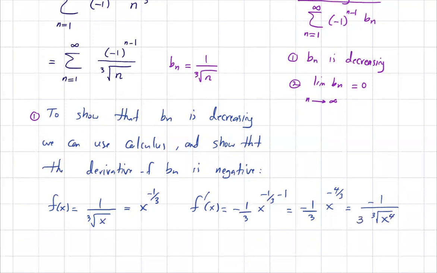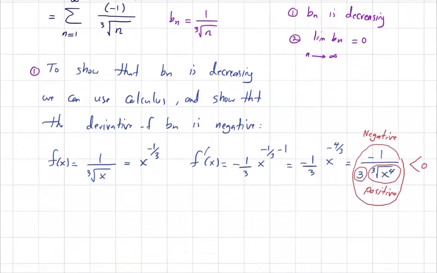On the interval 1 to infinity, this guy is always positive. Three is also positive, but you have a negative sign, -1 on the numerator. So the whole thing becomes negative.